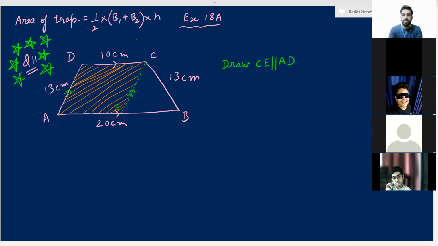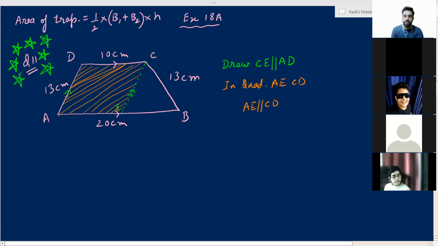How can we say that it is a parallelogram? In this, both the pairs of opposite sides are parallel. Can we say that AE is parallel to CD? So you will write this in quadrilateral AECD. AE is parallel to CD because AE is a part of AB.